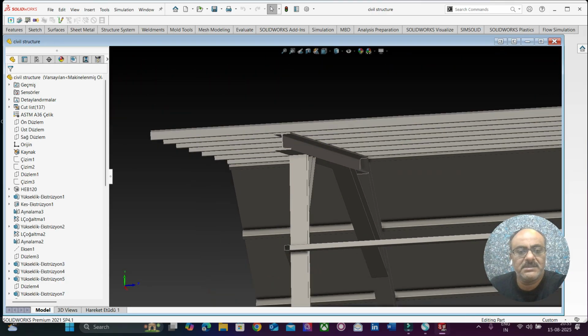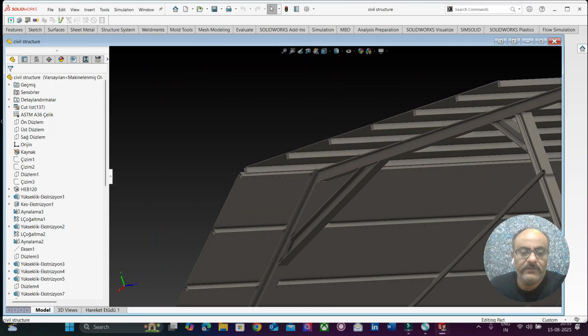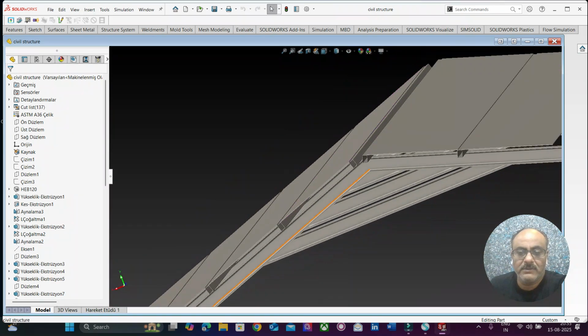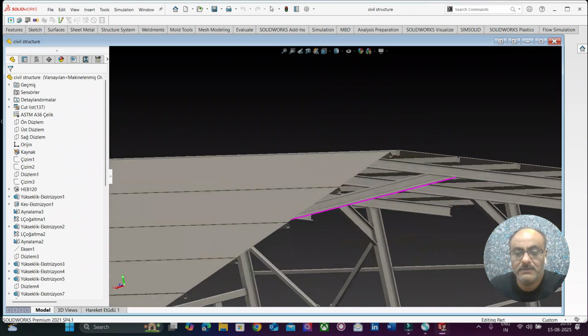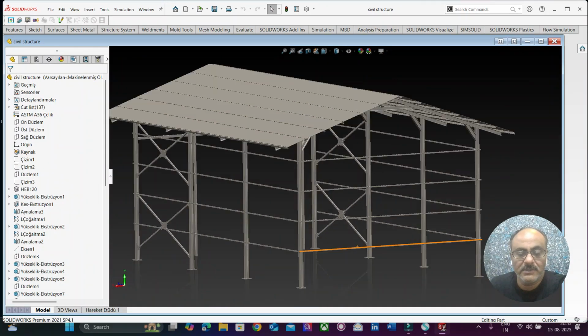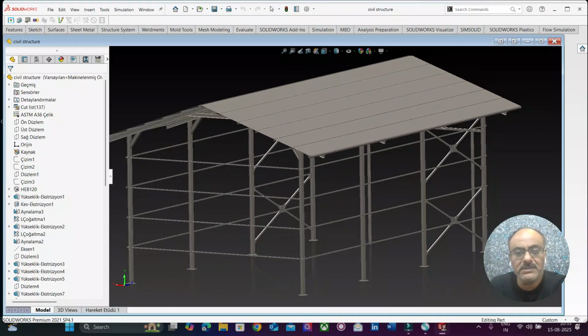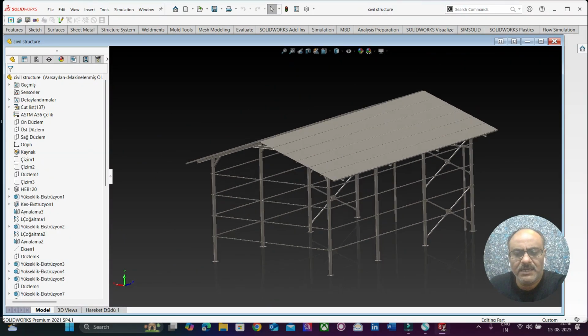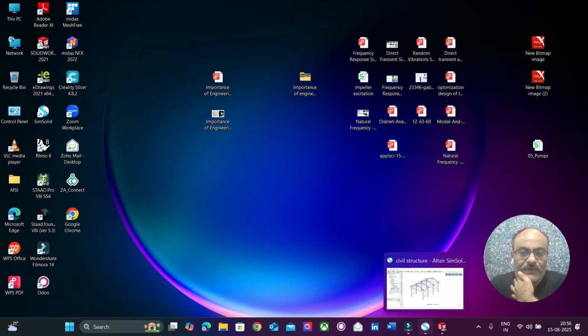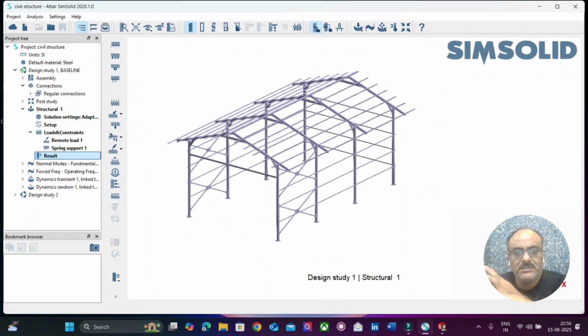This is the I section, and then we have a tie beam, and on the roof we have the plates. So this is all about the structure, and this is made using some CAD tools. Now we are going to focus on the simulation part.